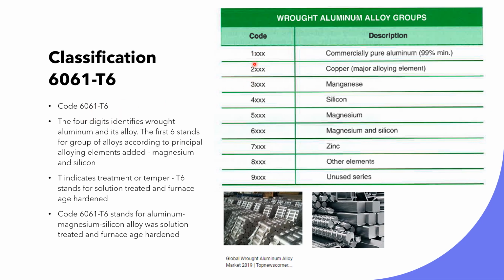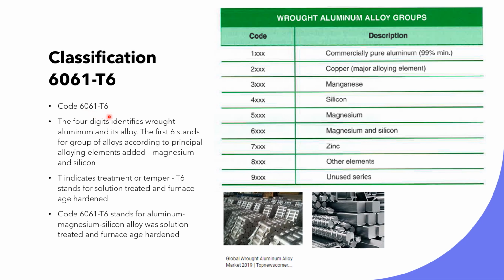And we go with the 1XXX series or 2 series, 3 series. Some people don't even say XXX. You go like a 4 series, 5 series, 6 series, 7, 8, and then 9. There are some variations in calling these codes, but typically it looks like that. So this is like a 6061 T6.